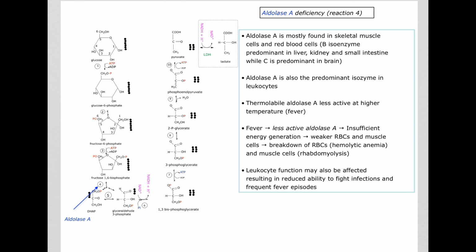So you can see that not generating sufficient energy, as in the example of aldolase A deficiency, can lead to impaired function of cells as well as to weaker cells, in this case weaker red blood cells and weaker muscle cells that tend to break down easily.